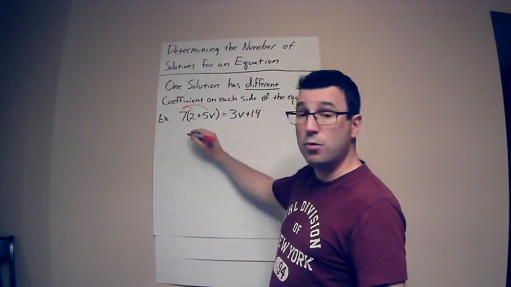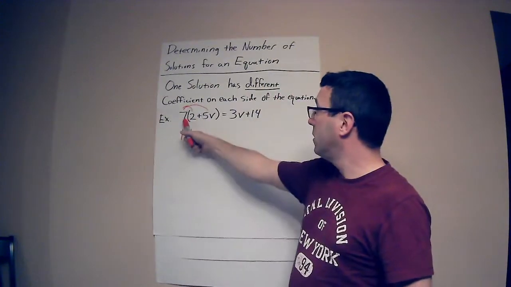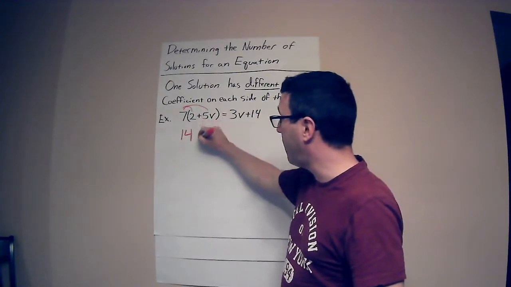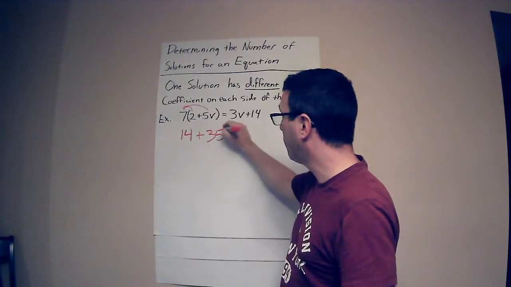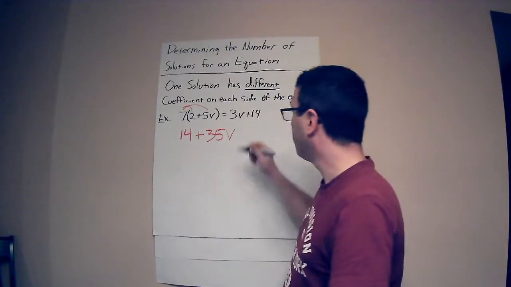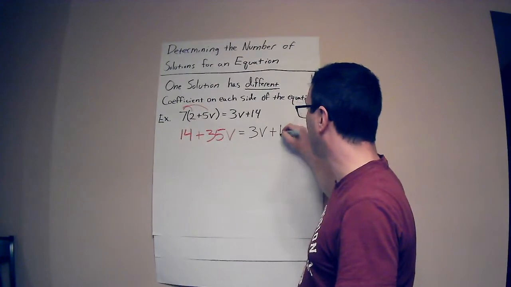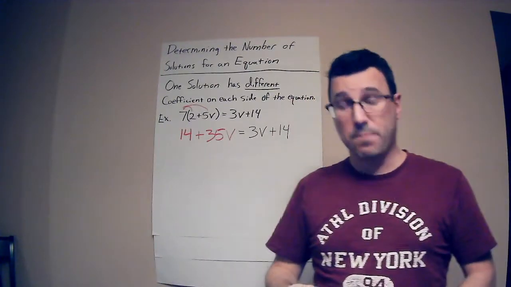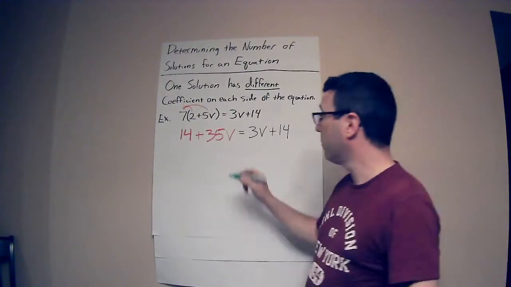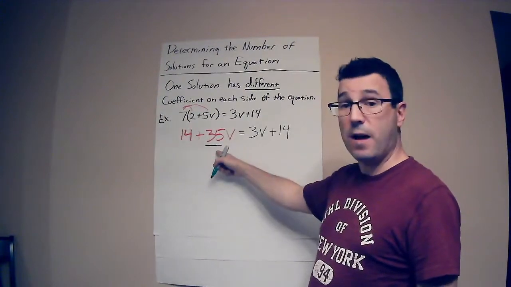7 times 2 is 14. 7 times 5v is 35v. And that equals 3v plus 14. Now when I look at this, I notice my coefficient on the left-hand side is 35.